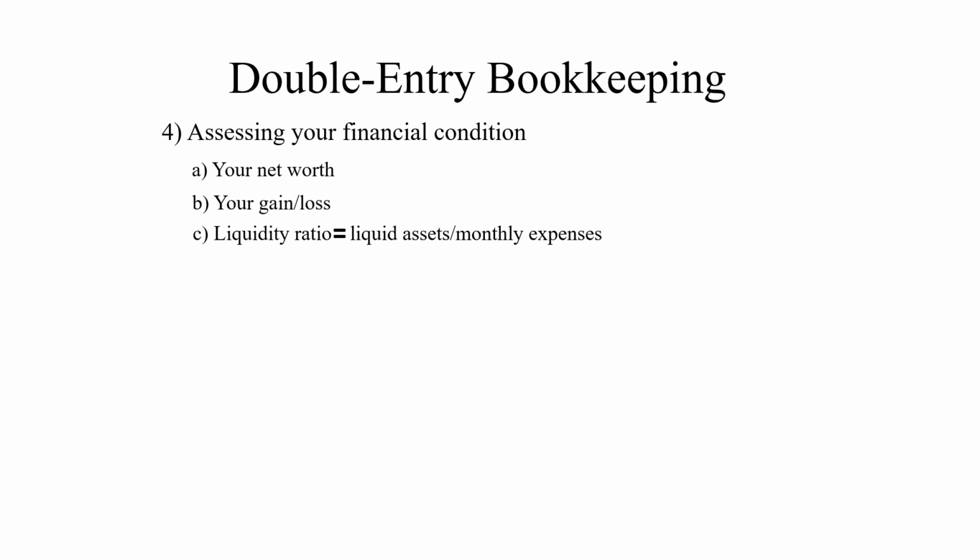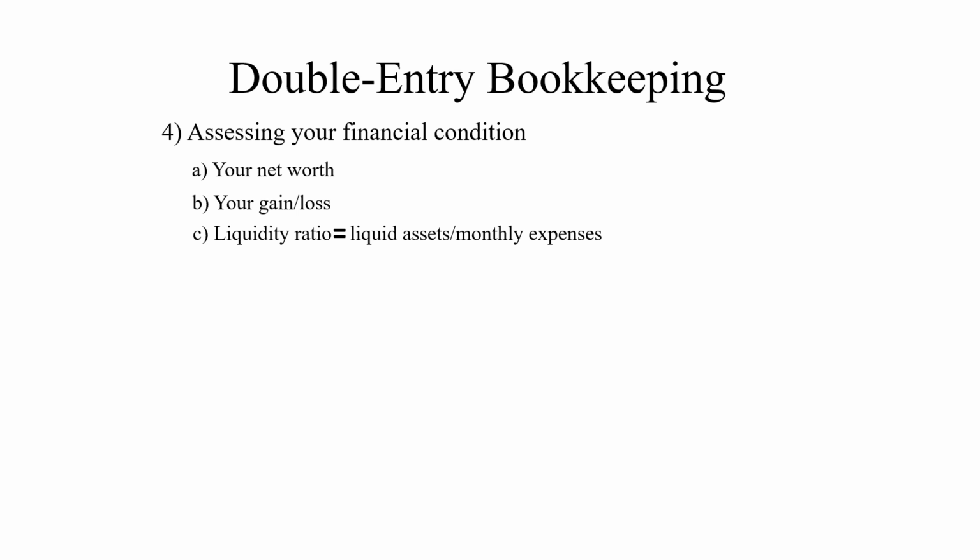The problem is, as you'll see in Module 5, the more liquid the investment asset, the lower will be the rate of return. So the trick is to find the right balance of liquid and illiquid assets so you can get a high rate of return on your investments while still being able to cover unexpected expenses.